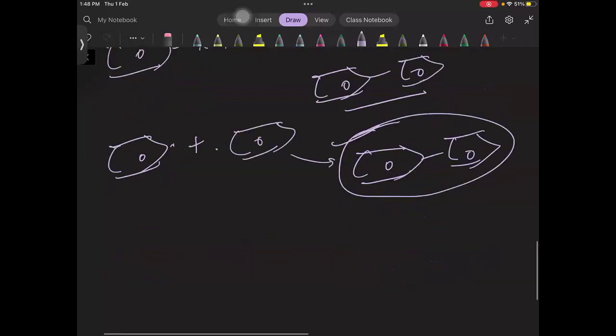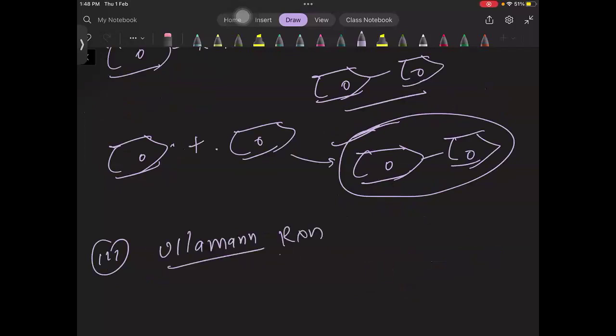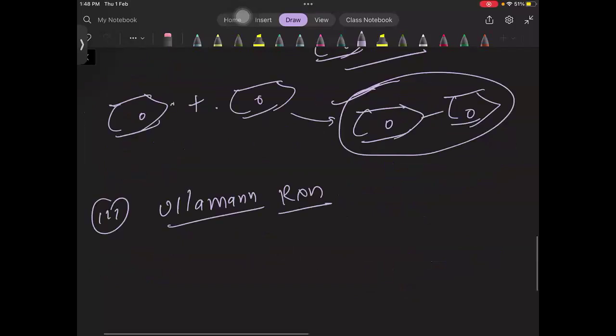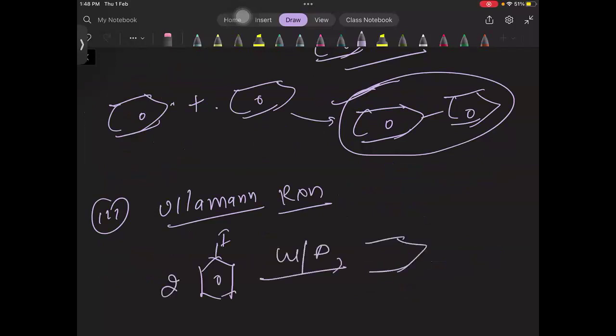Now we talk about the third, the Ullmann reaction. You can see the Ullmann reaction is the same thing in the presence of copper. Suppose we have iodobenzene, 2 moles. When we take copper and heat, it will form biphenyl.